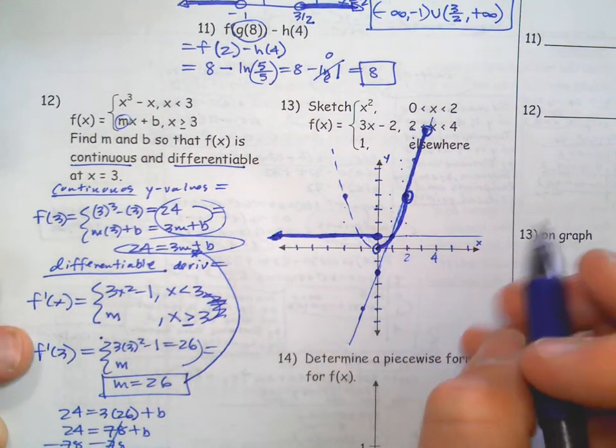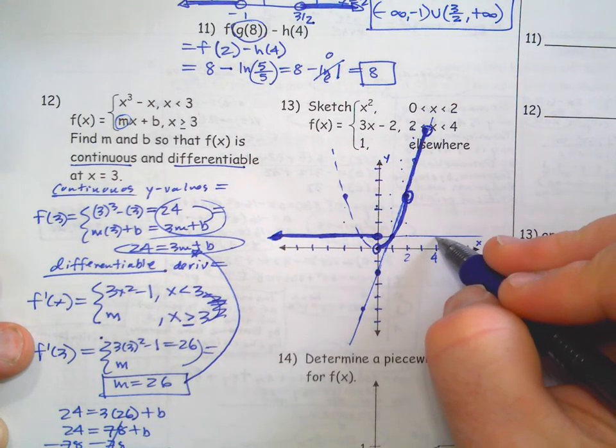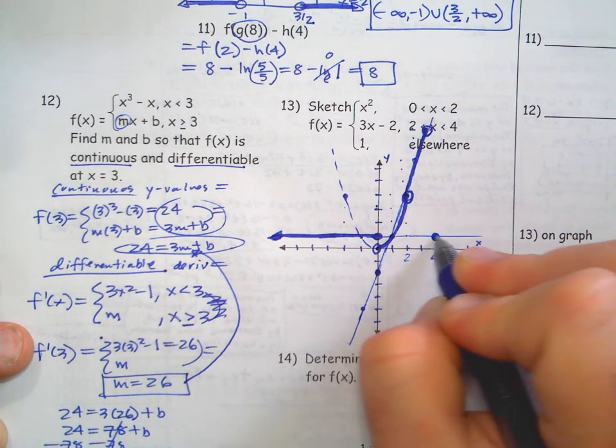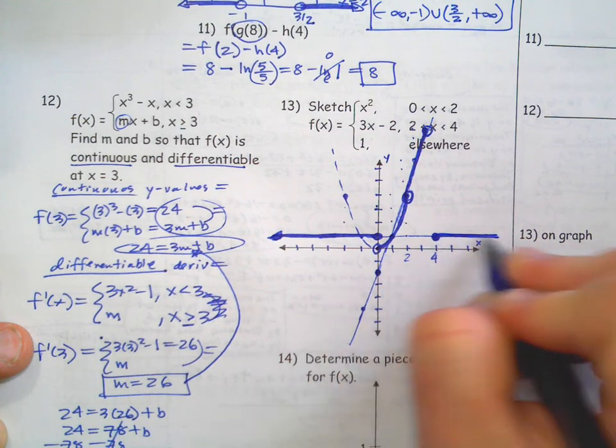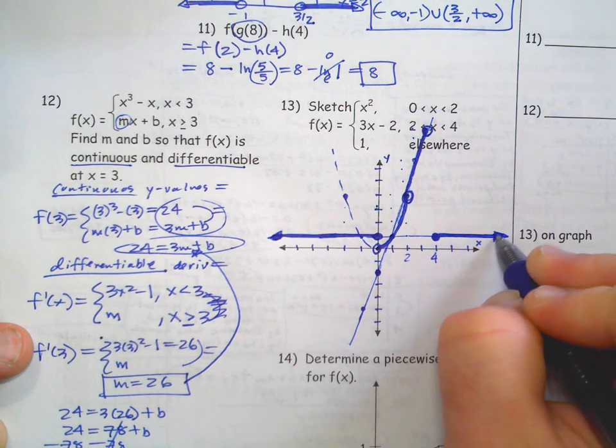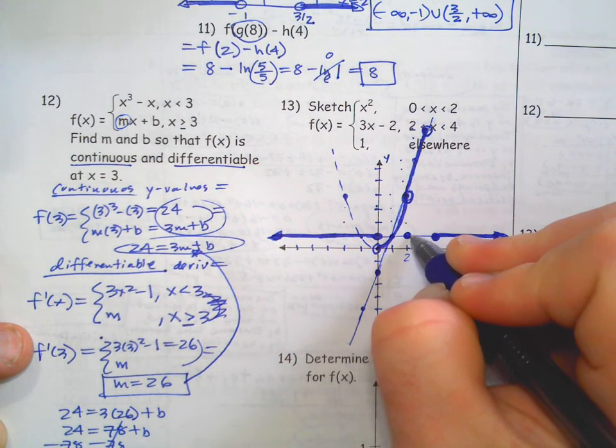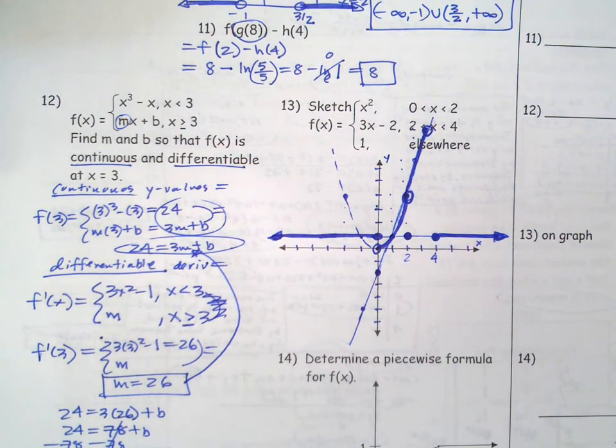And then at 4, it starts as a solid dot because there was an open dot at 4 before, and an arrow to the right. And then here's the tricky one. There is a solid dot at 2 because no one had defined what x equals 2 was yet. So that is your graph.